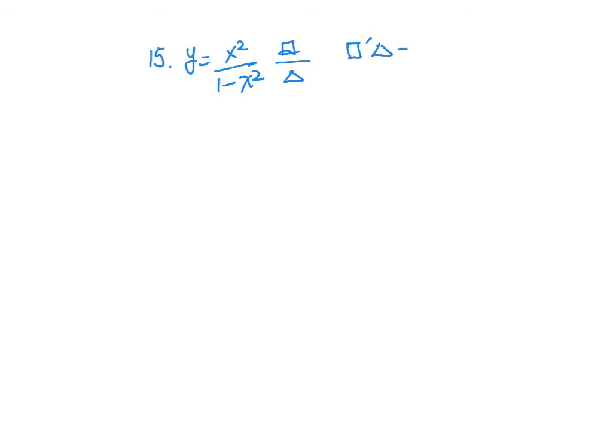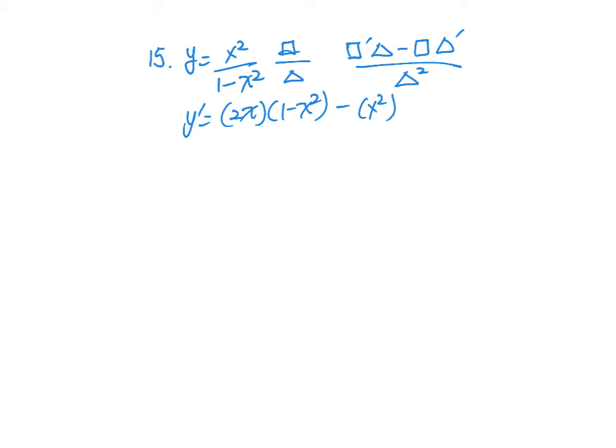Now we have a quotient rule. Take the derivative of the first one minus the derivative of the second one, all over the square of the bottom. So here we go. 2x, take the derivative of the first one, the top. Leave the bottom alone. Don't take the derivative of the top, take the derivative of the bottom, all over the square of the bottom.